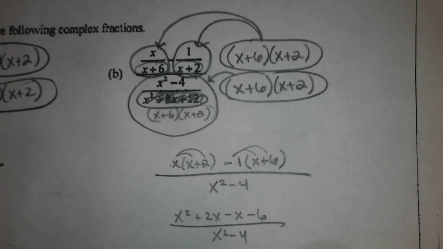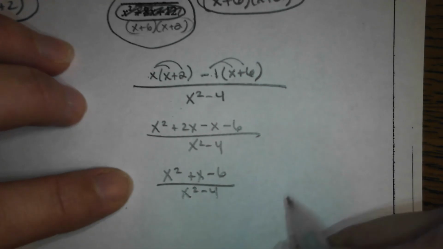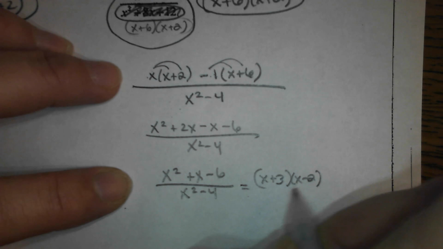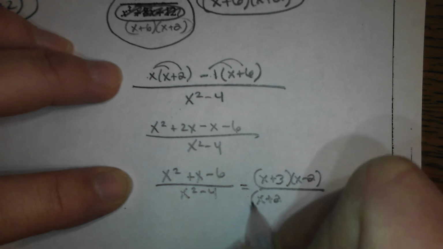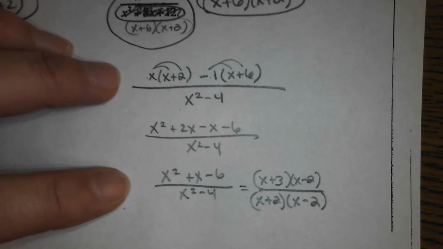My numerator combines to x squared plus x minus 6. And I believe both of those are factorable. I have an x plus 3, x minus 2 and an x plus 2, x minus 2. Vince, does anything cancel? Yep. And there's your final answer.